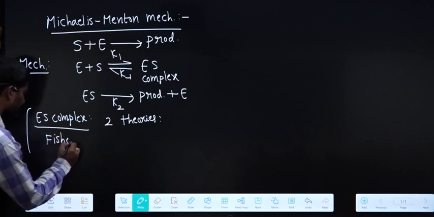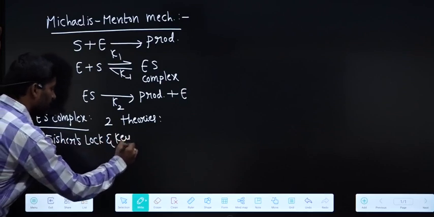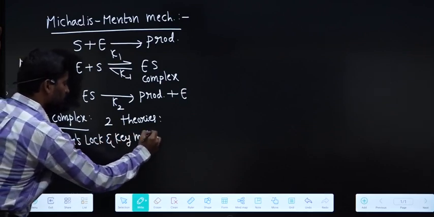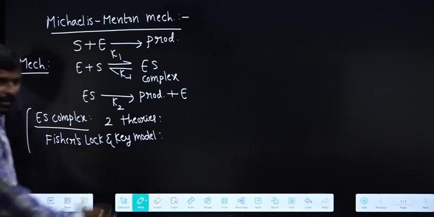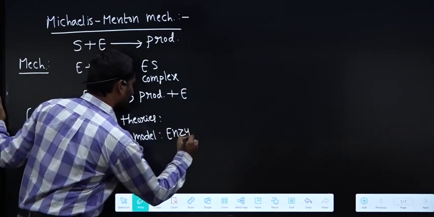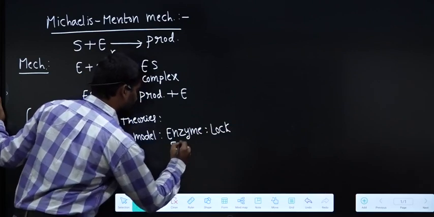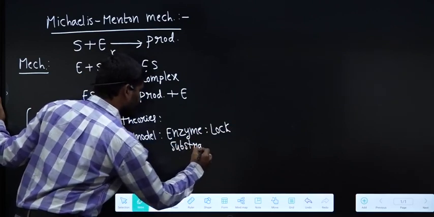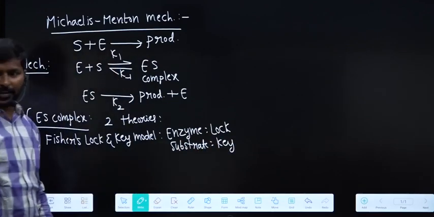One is Fischer's lock and key model. According to this model, enzyme is considered as lock and substrate is considered as key.